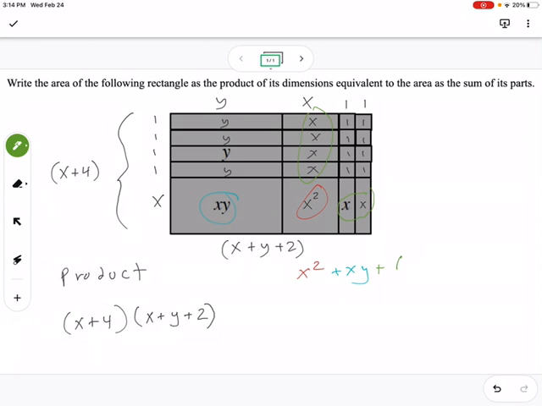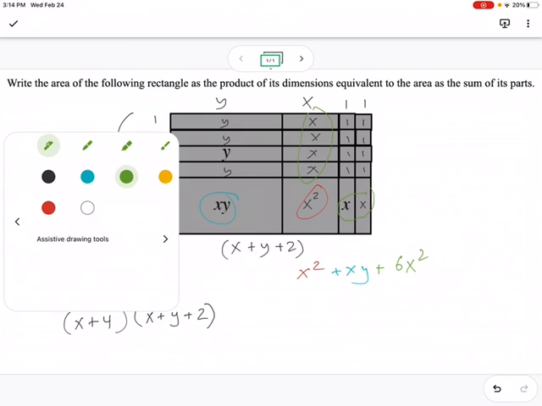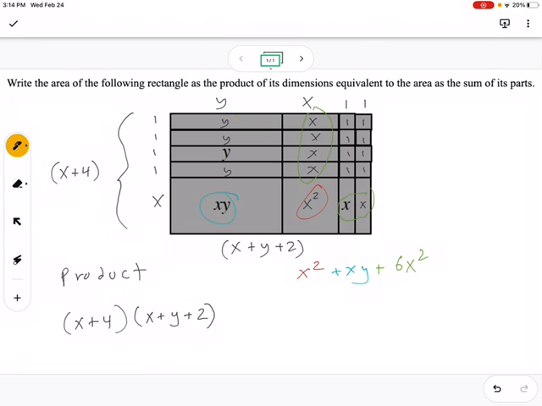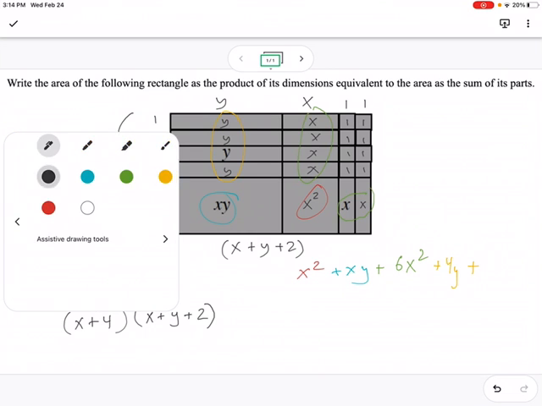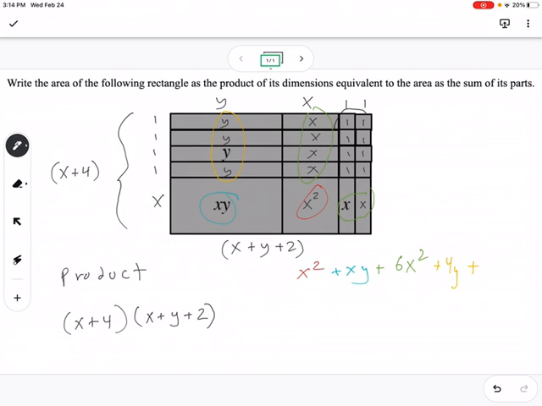So we can combine those to be 6x squared. I'm running out of colors. We have 4 y's. And then it looks like we have 8 units. So plus 8. So there is the sum.